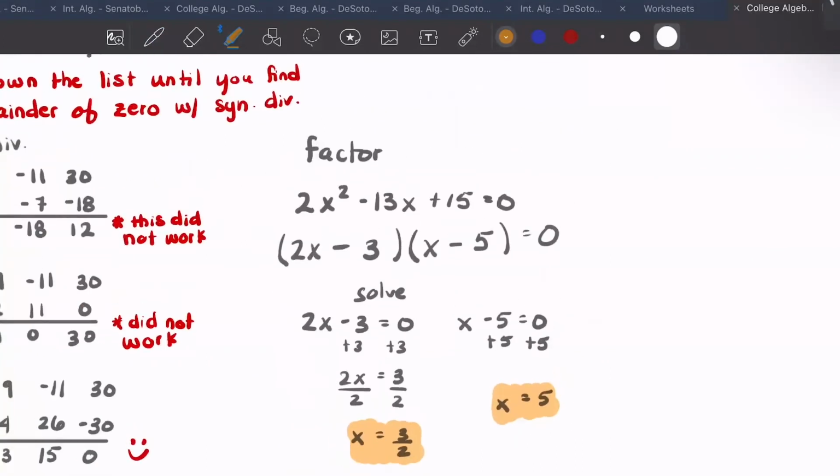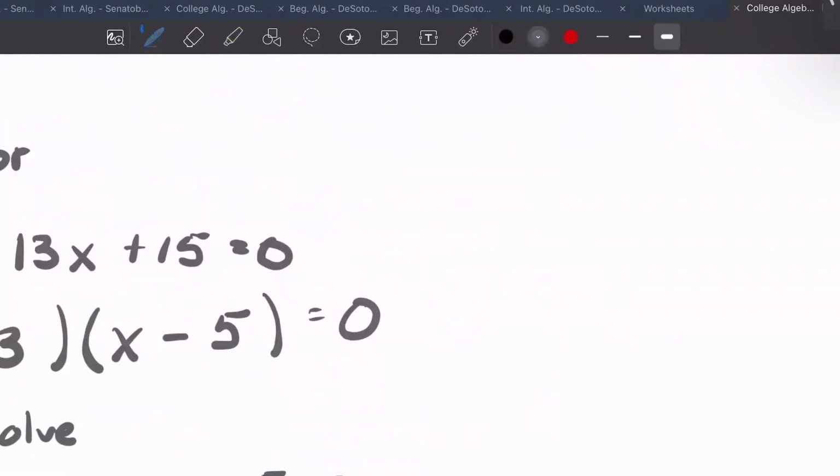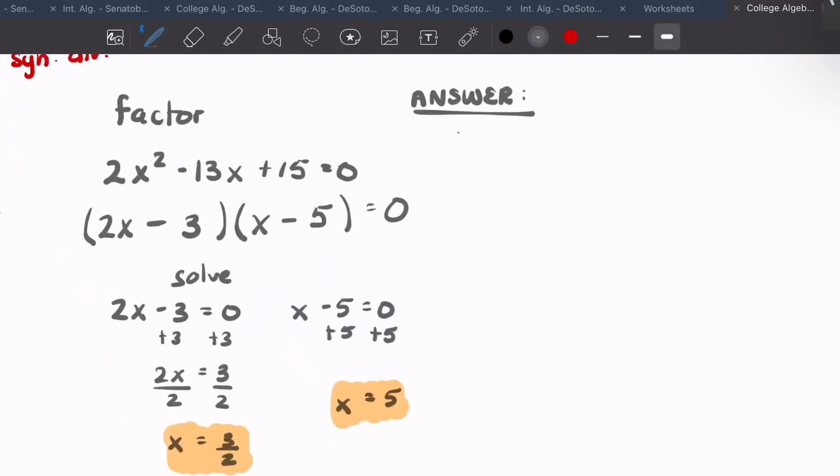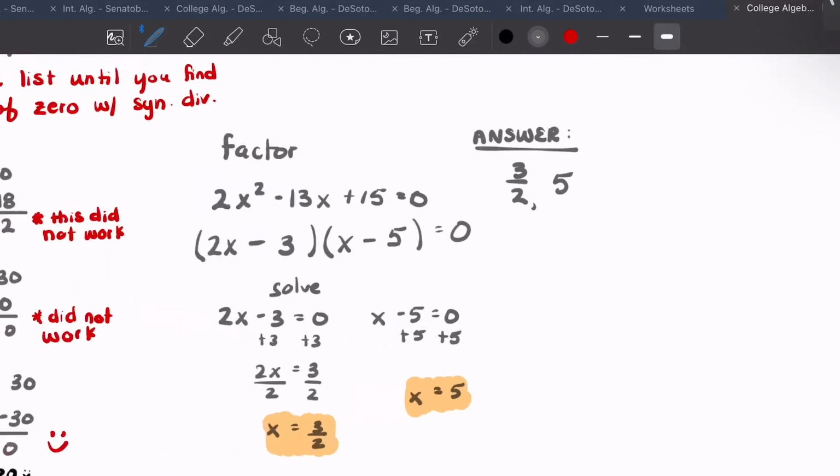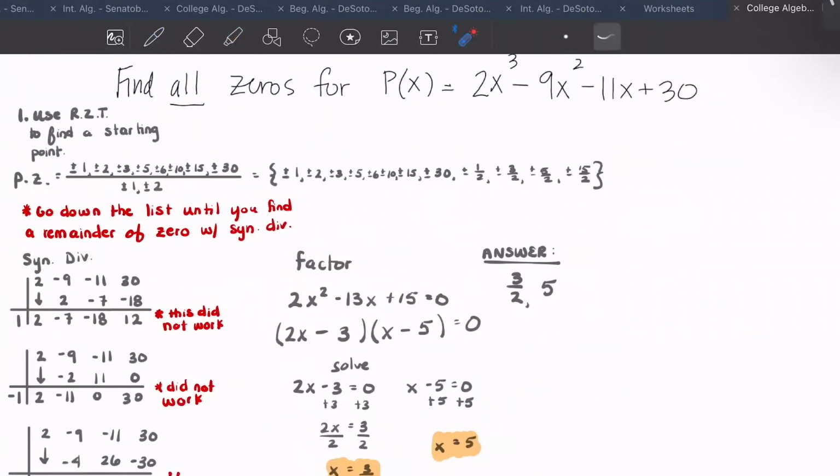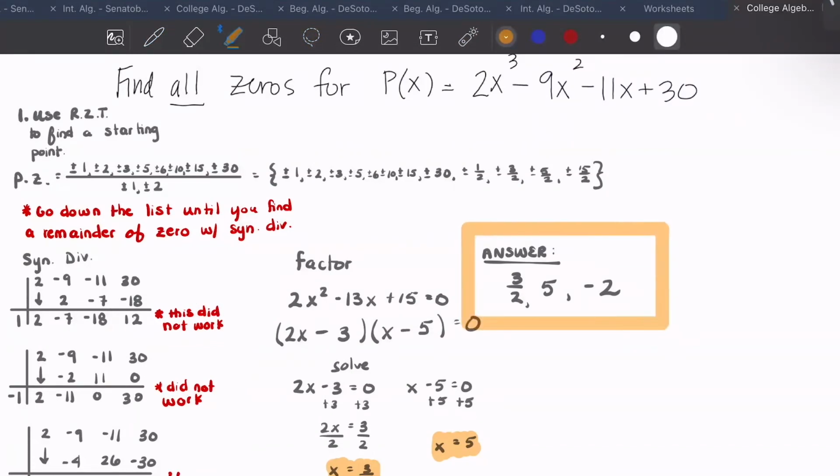My answer will be the two that I found, 3/2, 5, and I have to include the 0 that worked in synthetic division, and -2. So that will be my final answer right there.